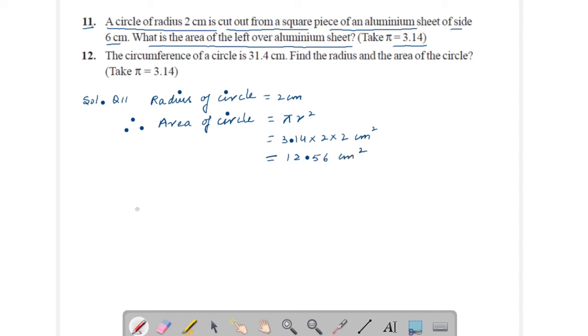Now length of square aluminum sheet equal to 6 centimeter.